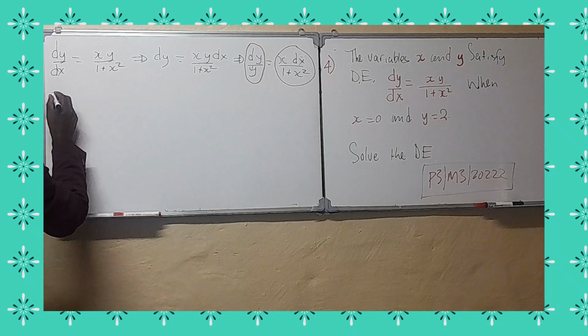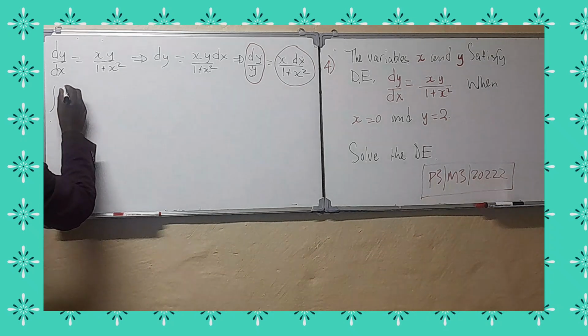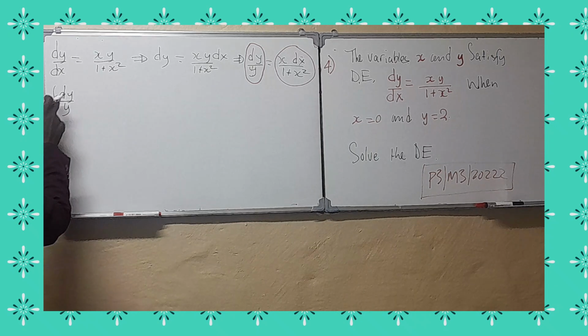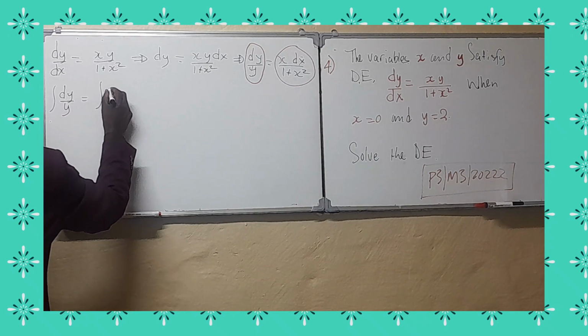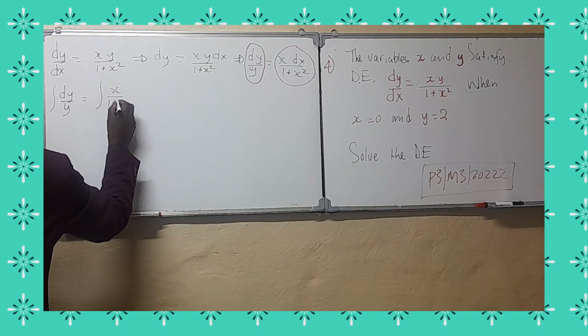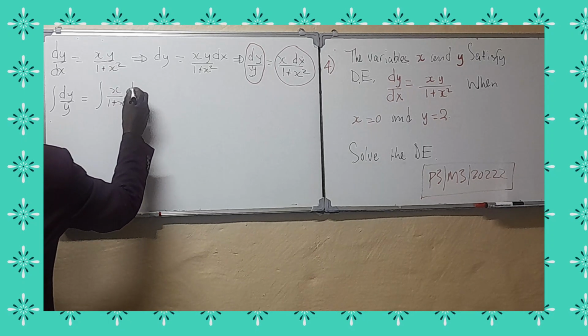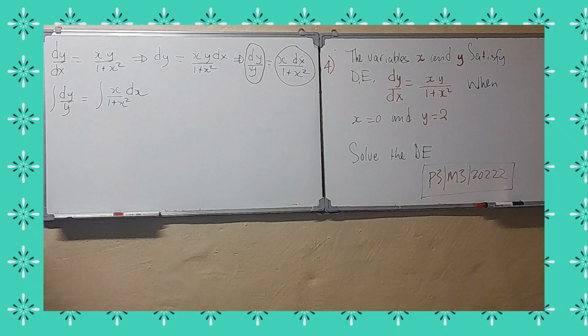So now we have the integral of 1 over y, with respect to y, will be equal to the integral of x over 1 plus x squared with respect to x. Okay? Now, this part here, you can integrate it directly.